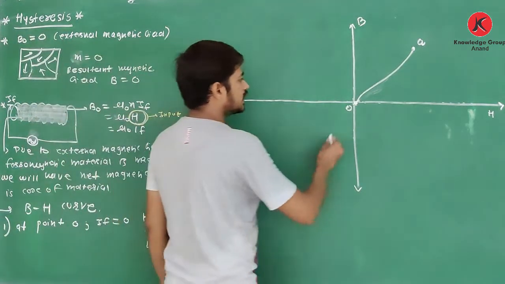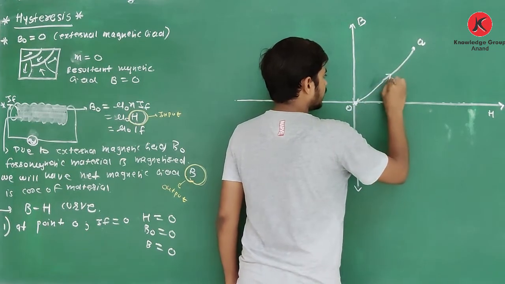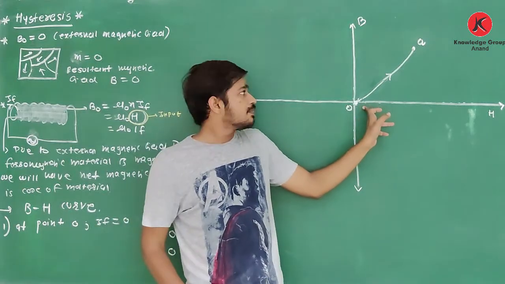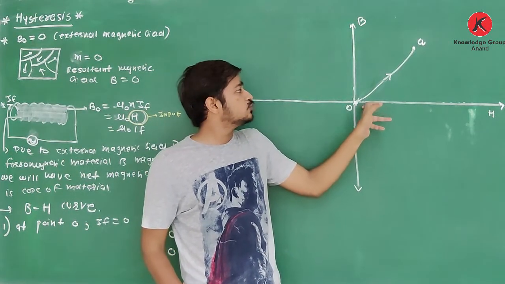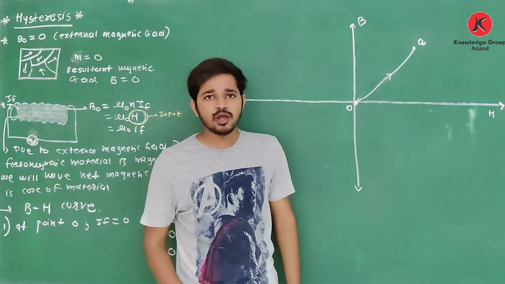Now see, initially, with the initial increase in current, there is not much change in the magnetic field. Why? Because, and why is this graph not linear?